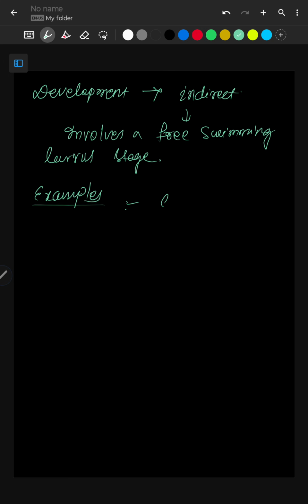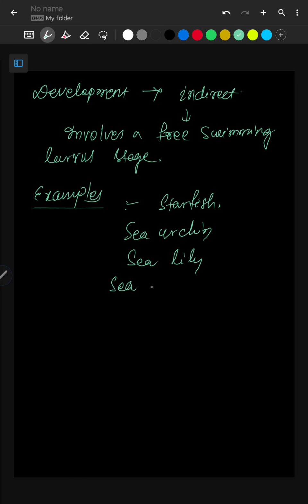So the common examples are starfish, sea urchin, sea lily, sea cucumber, brittle star, and many others.